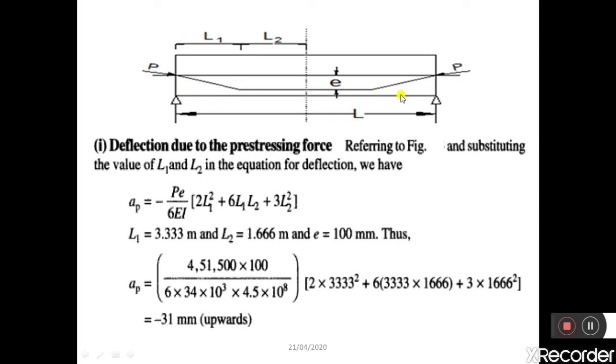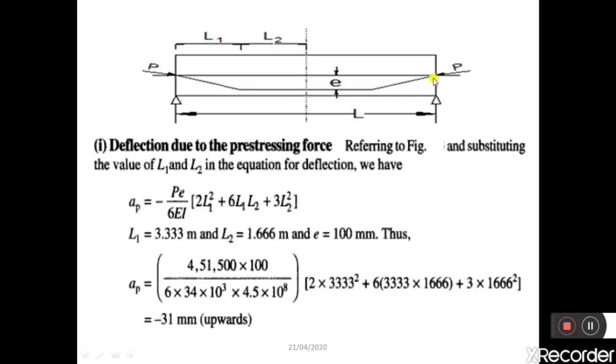So a rectangular beam and trapezoidal cable profile means it is like this. This is the given condition in the beam. It is linear from mid span to one third of the distance, and in the one third distance it is linearly varying, and the eccentricity is 0 on either side at the supports.